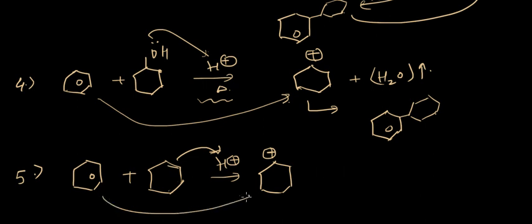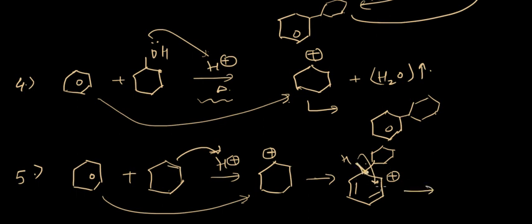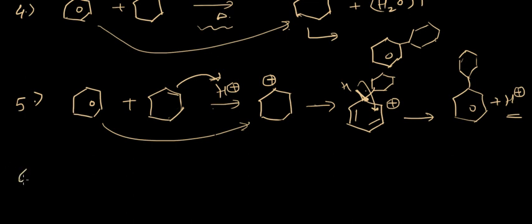Then this benzene ring would attack this carbocation and form something like this structure. We would have H here, a cyclohexane ring here, and a positive charge here. Again, this C-H bond would be broken to form a double bond with the neighboring carbon atom, resulting in a benzene and a cyclohexane attached to it, and H plus is also released, which was used up in the previous step.